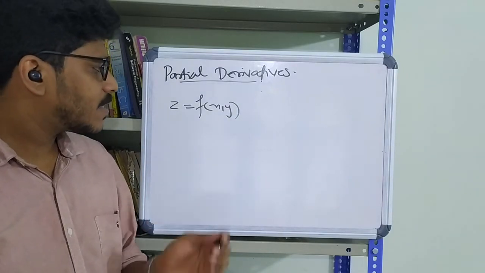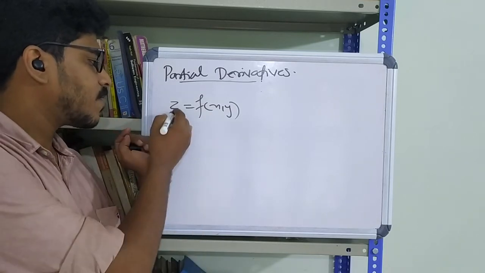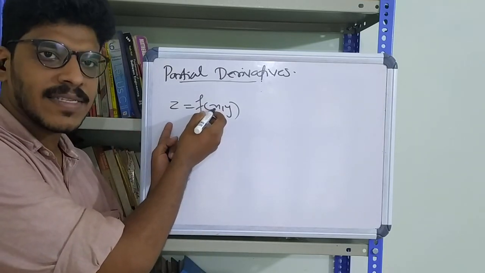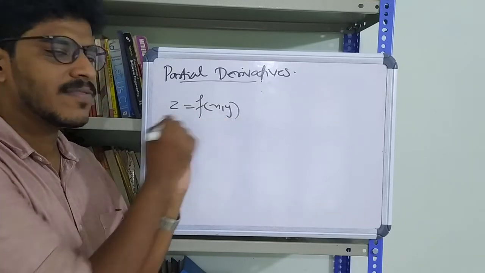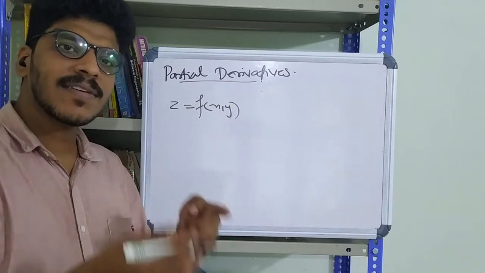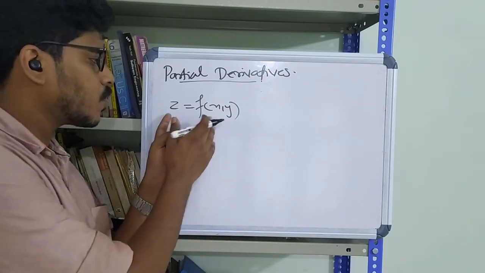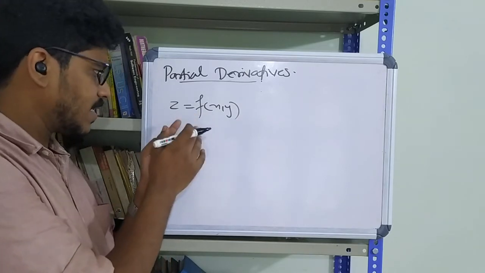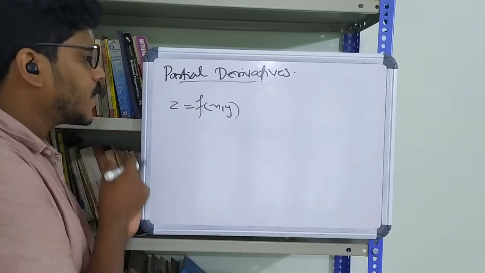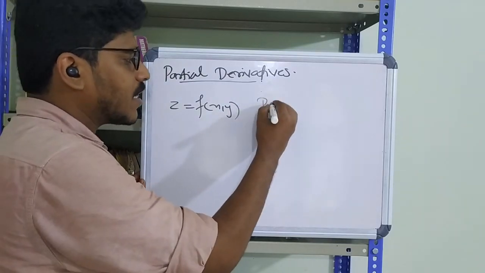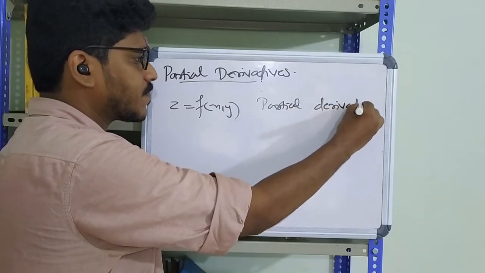So we can think about two possible rates of change here: the rate of change of z with respect to a change in x, and the rate of change of z with respect to a change in y. So unlike in the function of a single variable where we had a single derivative, we will have two derivatives here to express the two rates of change. Okay. They are called the partial derivatives.